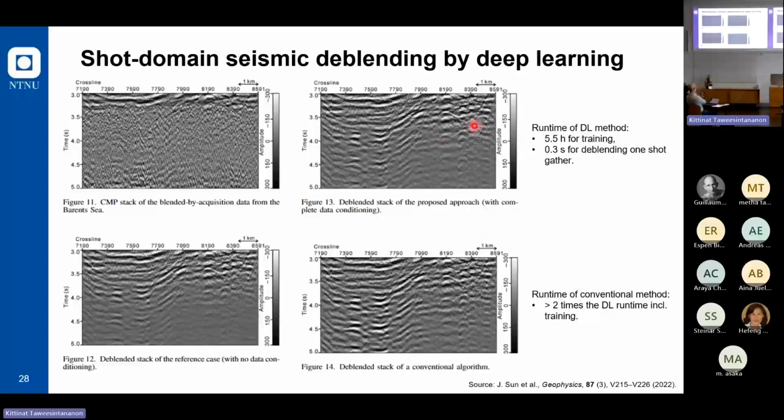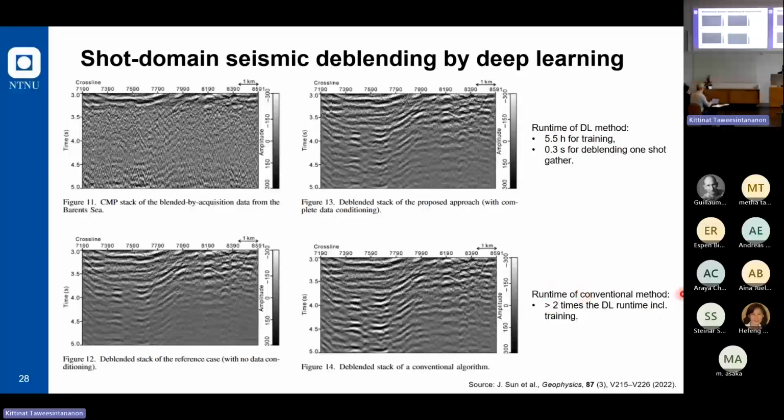So they compare, and the runtime for the machine learning is about 5.5 hours for training, and then it's a very short time, less than 1 second, for applying deep blending to one shot gather. So the majority of the time is for training.